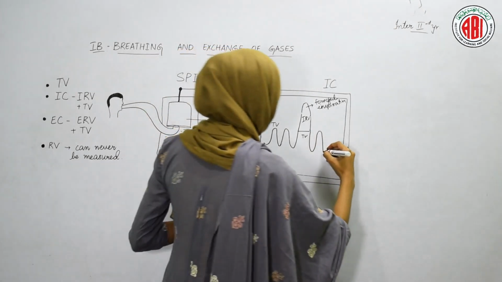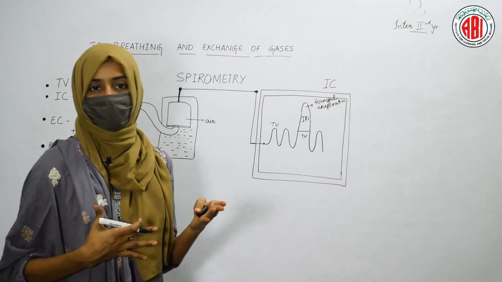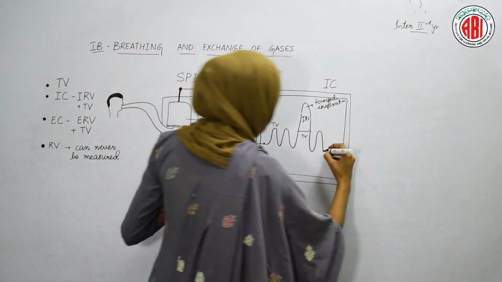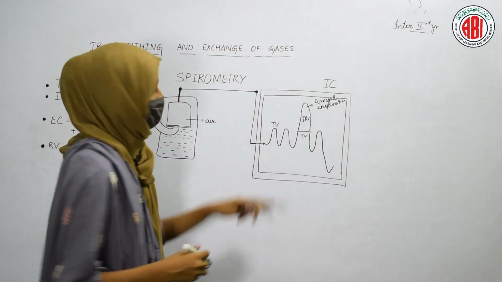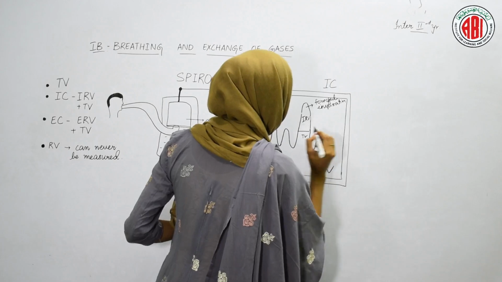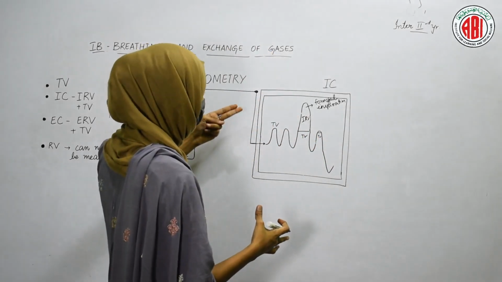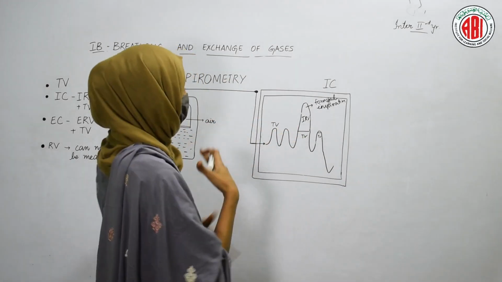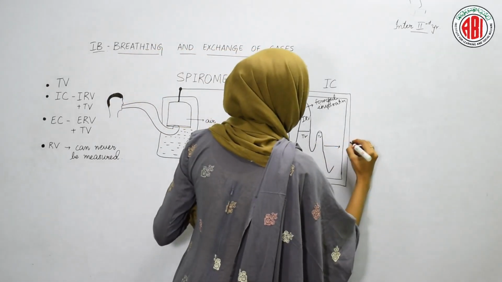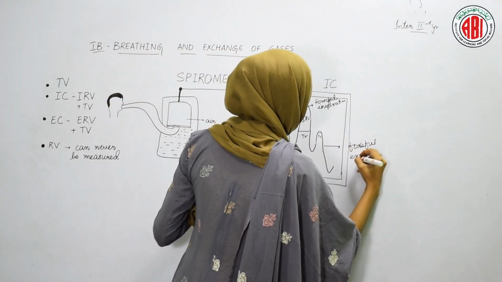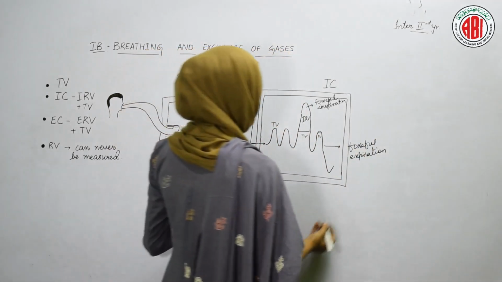After a normal expiration, when a person tries to remove additional air, the graph moves downwards in this way. Once the tidal volume of air is given out, some more air is given out by the person by forceful expiration.